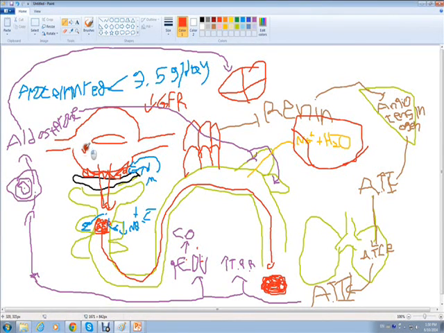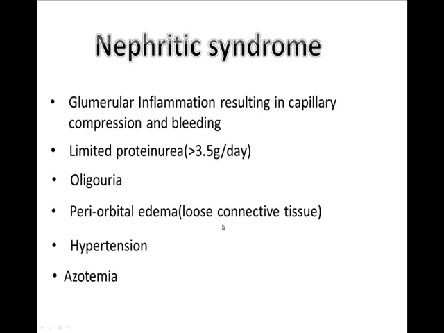Things like urea or creatinine that normally should filter are not filtered, and those nitrogenous waste products accumulate in our blood, and they result in a condition which is called azotemia. And azotemia means a change in the chemistry of the blood.